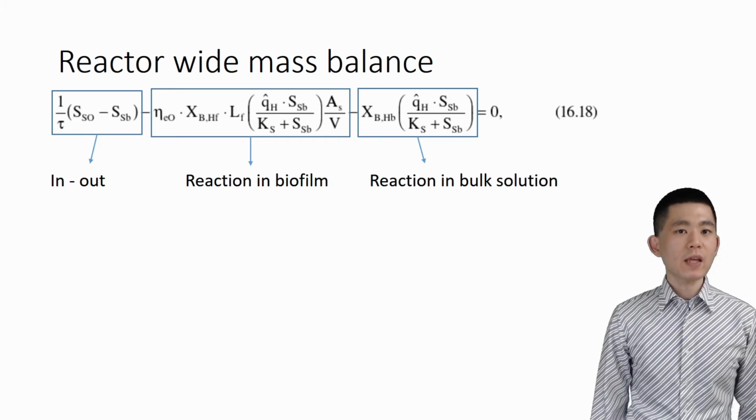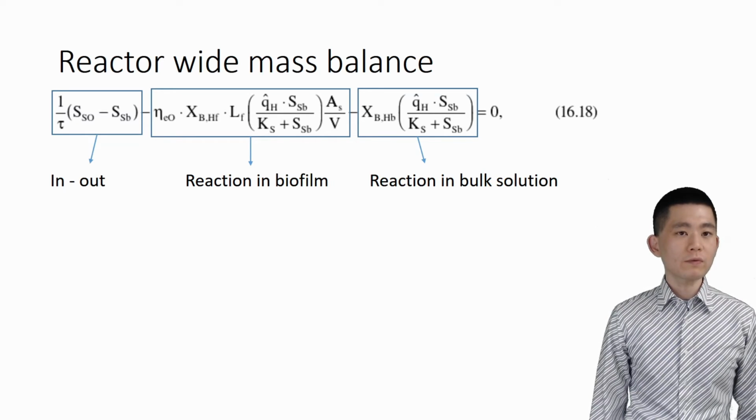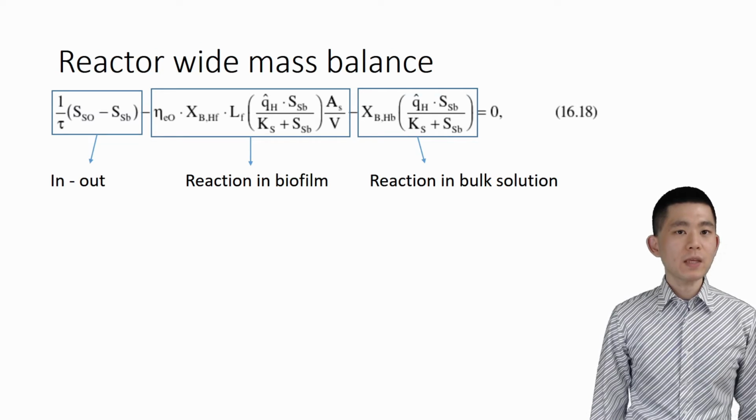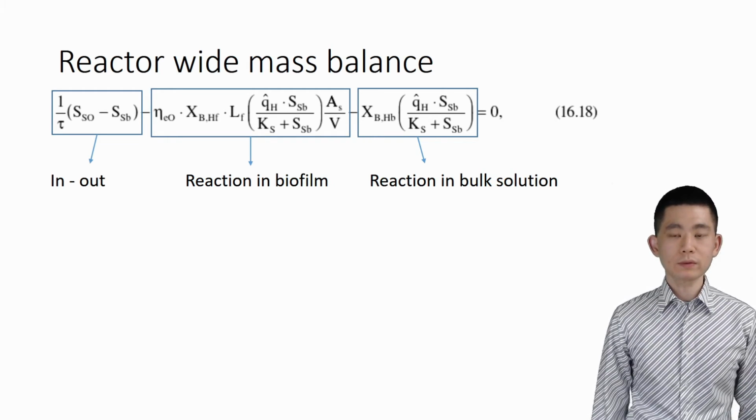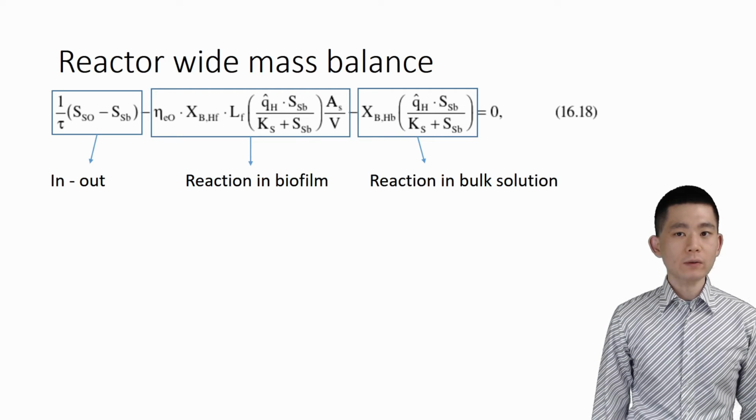Let's expand the steady-state reactor mass balance and divide both sides by the volume V. X_BH,F is the biomass concentration in the biofilm, while X_BH,B is the biomass concentration in the bulk solution. Biofilm thickness, L_F, times the biofilm surface area, A_S, is the biofilm volume.